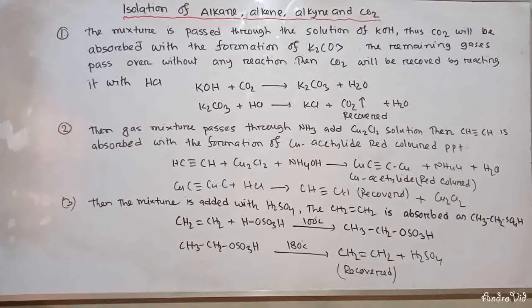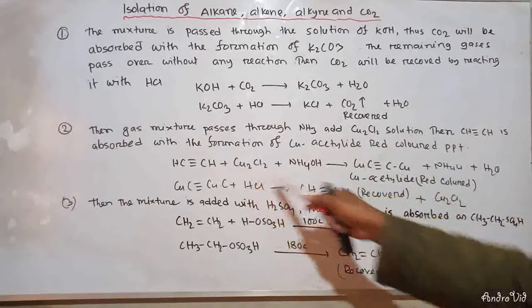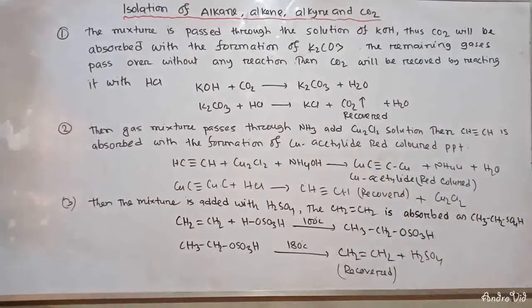Now the second step. The gas mixture is passed through an ammoniacal cuprous chloride solution, then ethyne (acetylene) is absorbed with the formation of copper acetylide, a red colored precipitate.